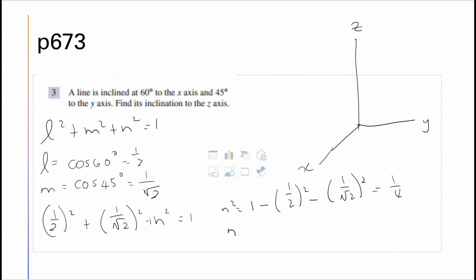So N then is a half, and that means our gamma must be cos inverse of a half, which is either 60 degrees or 120 degrees.